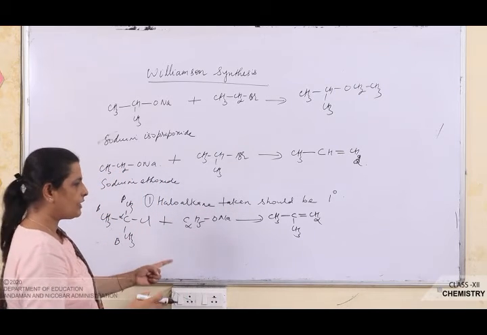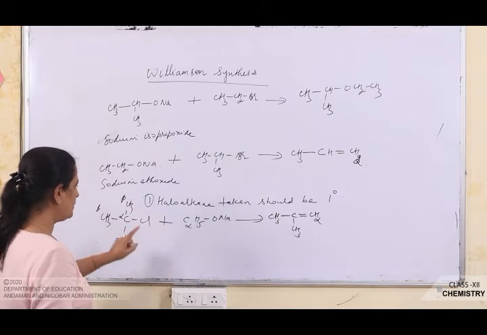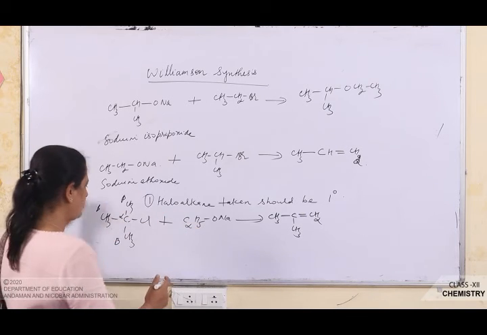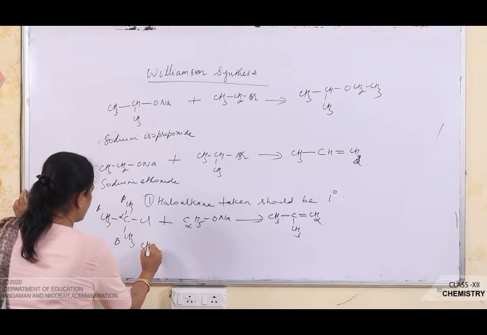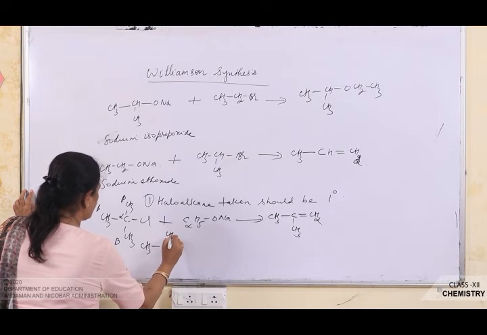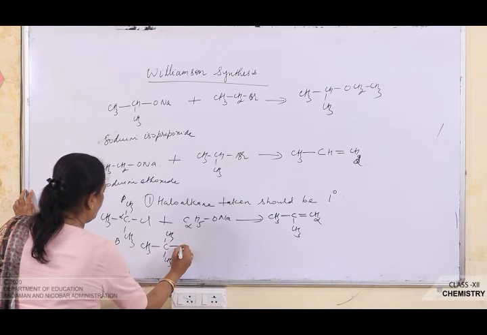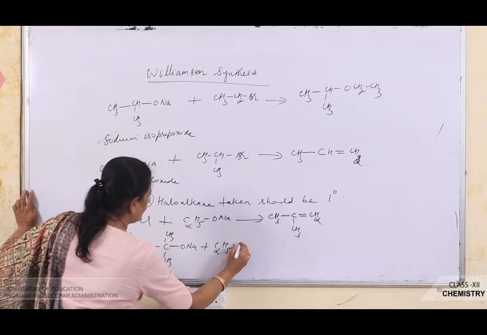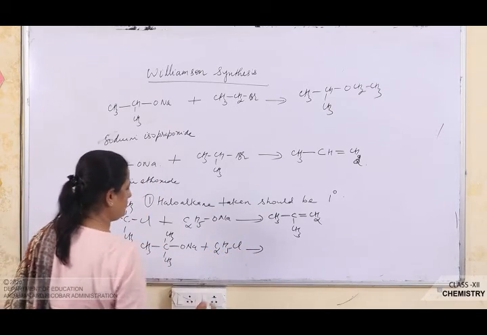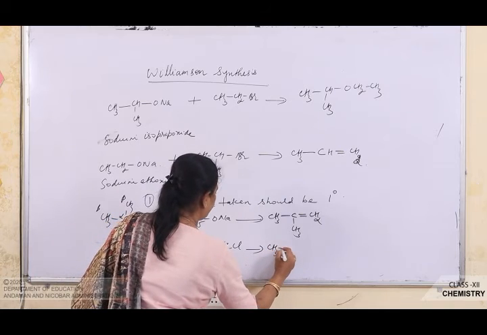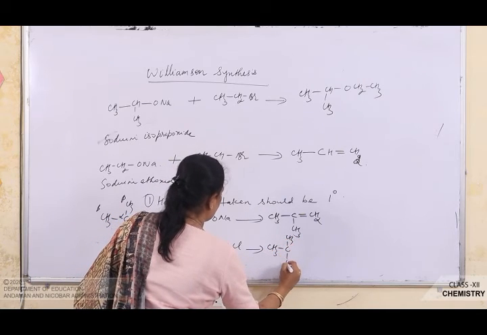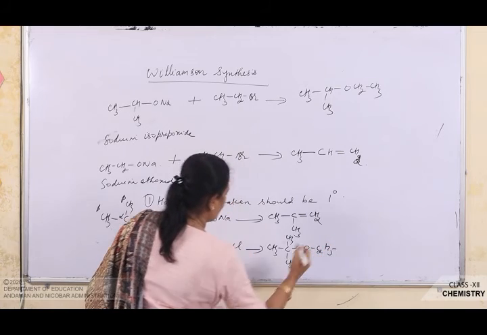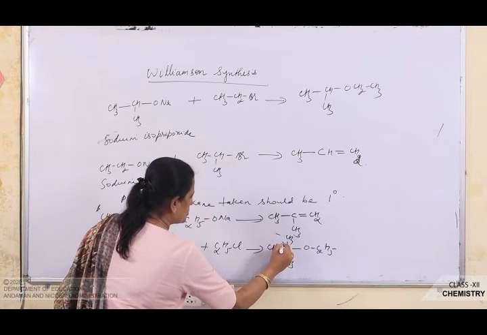So, if it has to undergo Williamson synthesis, what have you to take? This should be the alcohol part and this should be the haloalkane part. So, how will you write the reaction? CH3C(CH3)(CH3)ONa plus C2H5Cl. In this case the product is CH3C(CH3)(CH3)OC2H5. What is its name? From where will you number? 1, 2, 3.